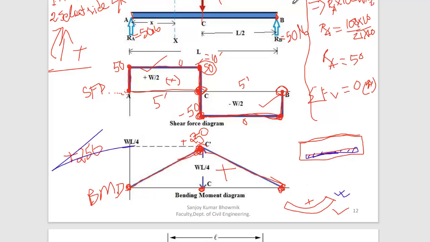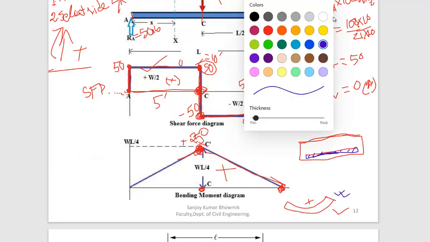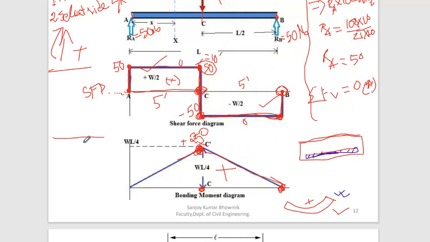If you have some beam which is having the negative moment, so this beam is having only the negative moment, just for an example, right?